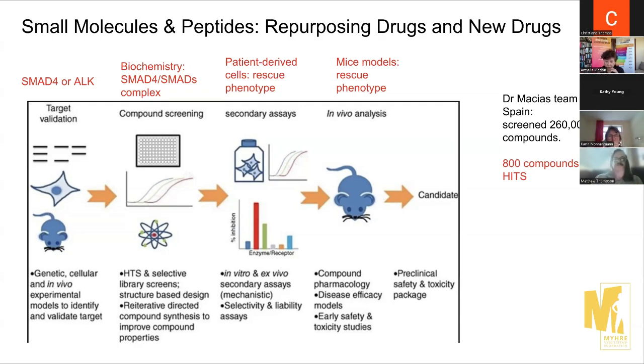So they didn't have cellular models, they just had the SMAD4 protein and the SMAD2 and 3 proteins, and it makes a complex together, so it sticks together to be able to work. And they bombard it with different molecules, and they look at which molecules are going to separate or destabilize them. From those 260,000 compounds, 800 compounds were shown to be able to destabilize this complex.